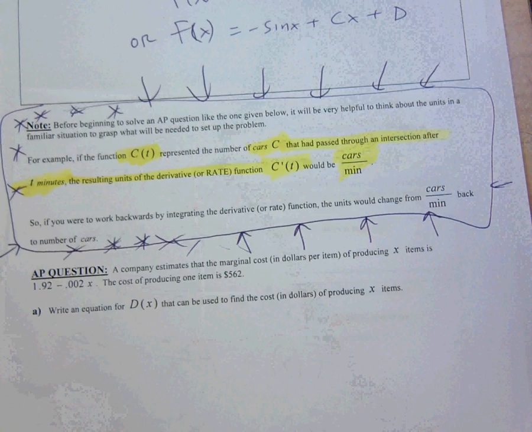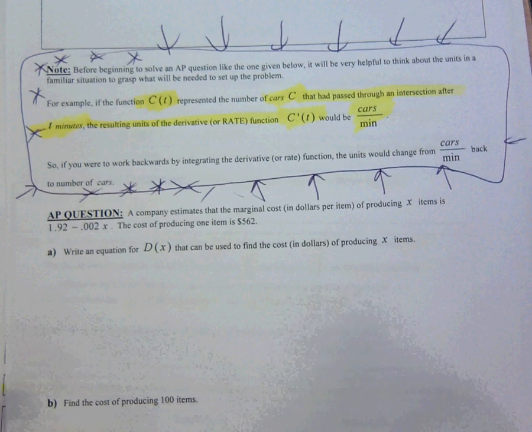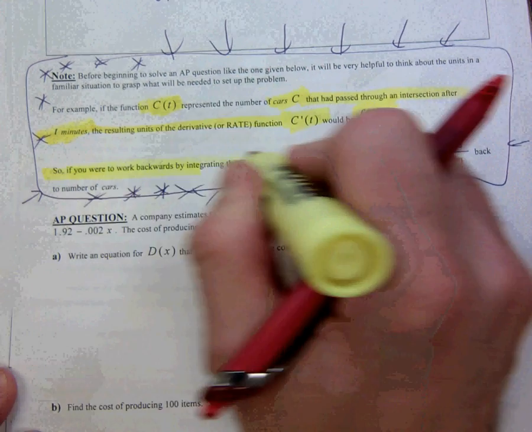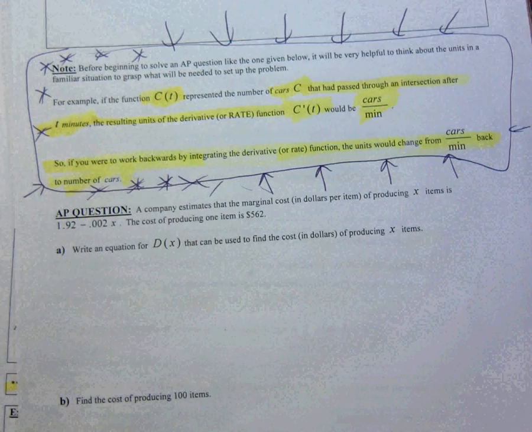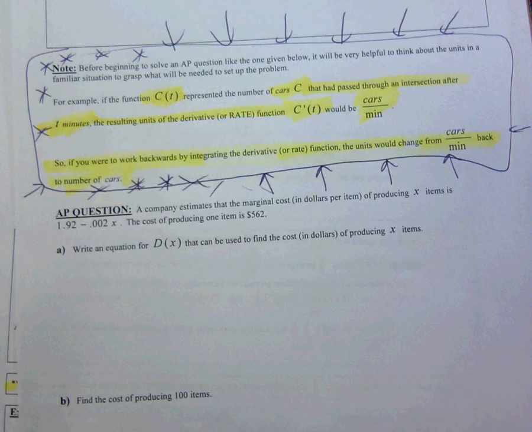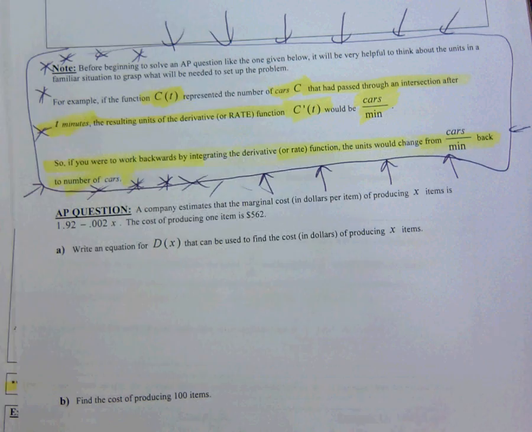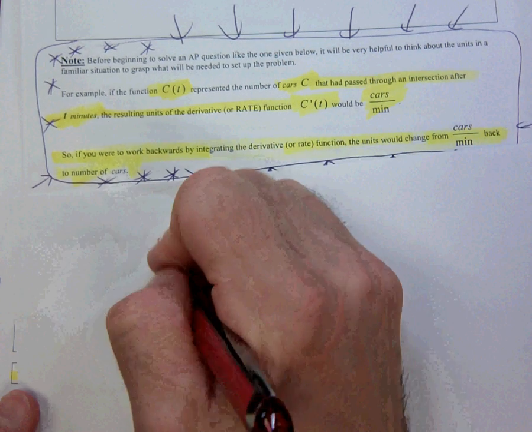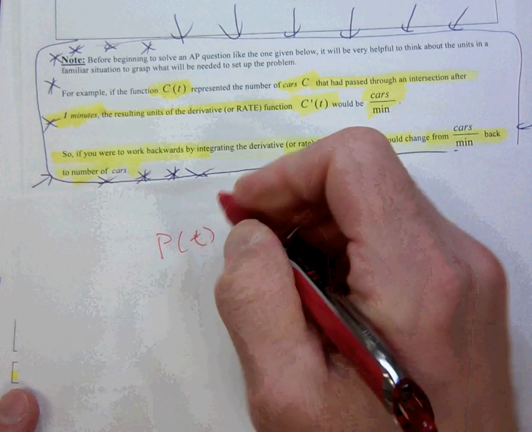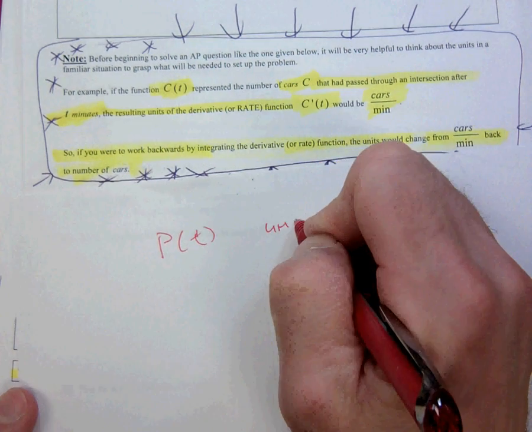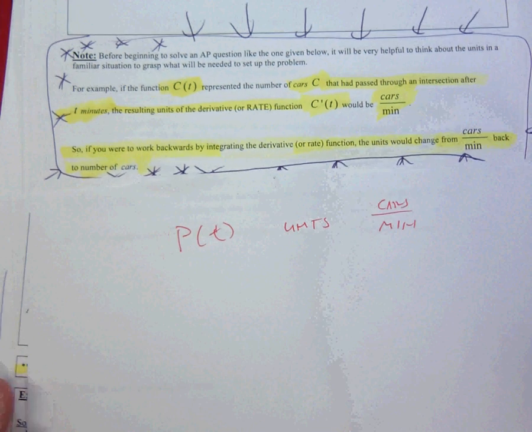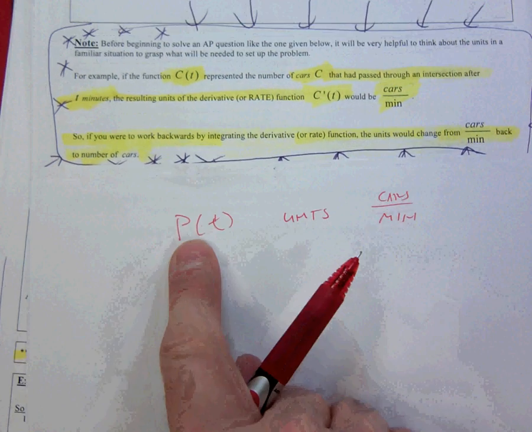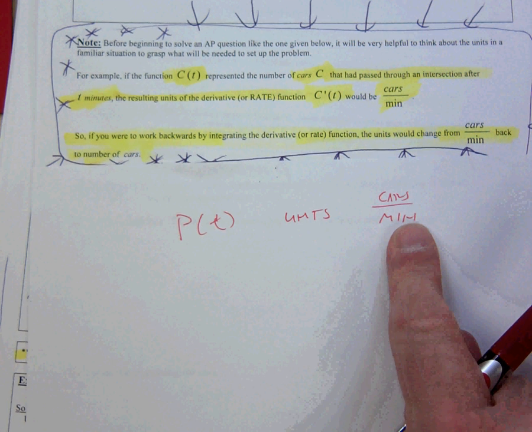All right, so what if you were going to work backwards then? What if they gave you some function, and I don't know, it doesn't matter what it is, I don't care what they call it. What if they give you some function, they call it P, and they say the units are cars per minute, and they ask you to find the number of cars? What are you going to have to do to that function to turn it from cars per minute back to cars?